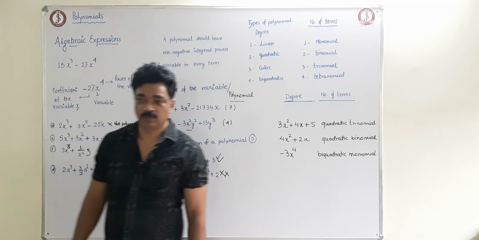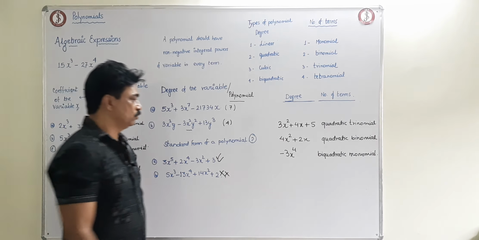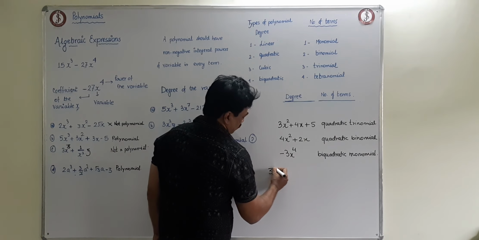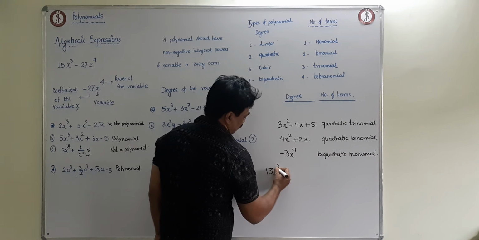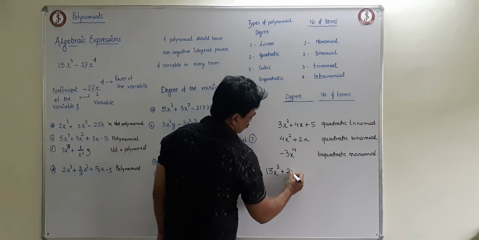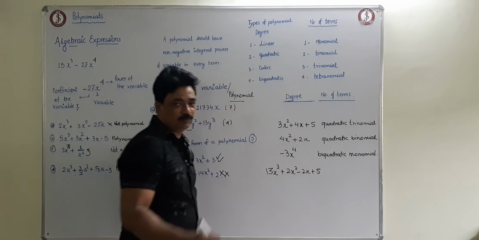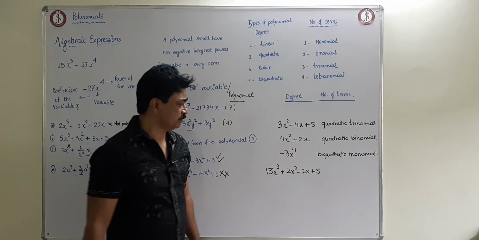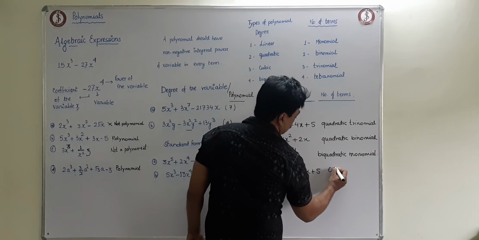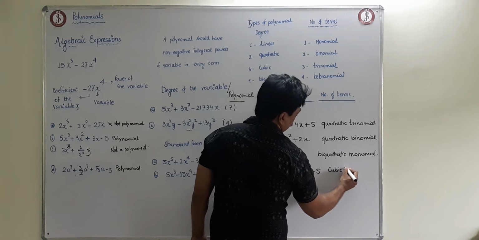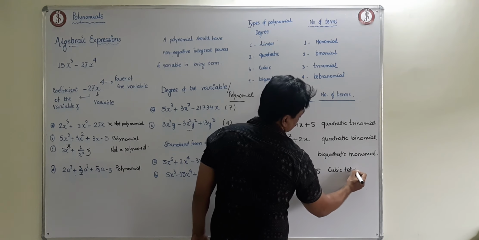Now suppose I say cubic: 3x to the power 3 plus 2x square minus 2x plus 5. What name will you tell? First, what is the degree? The first name will be the degree, so cubic, and then 1, 2, 3, 4 terms. So it will be a cubic tetranomial.